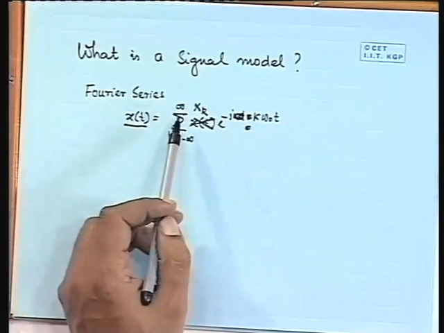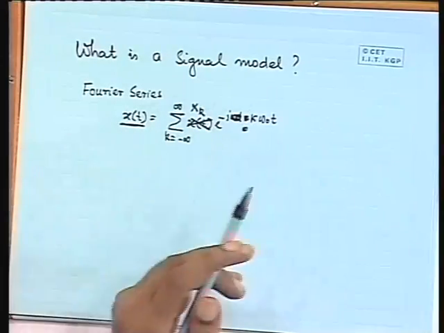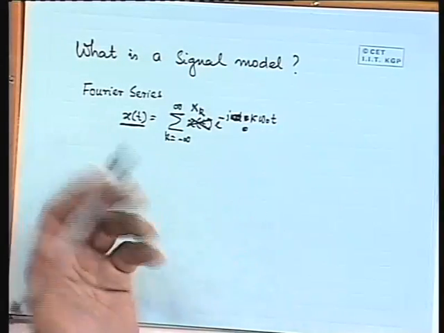K is an index which denotes the various frequencies, and e to the power j omega 0 t can be written as sine and cos. So we are trying to express a signal in some mathematical form. A Fourier series is a kind of signal model, and so is a Fourier transform. This is a deterministic signal model.